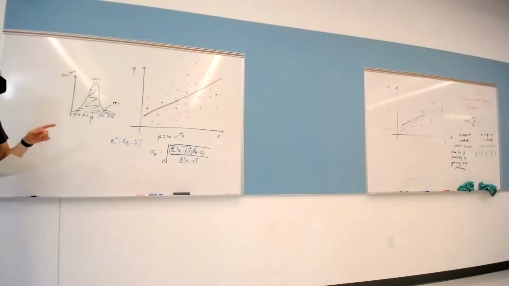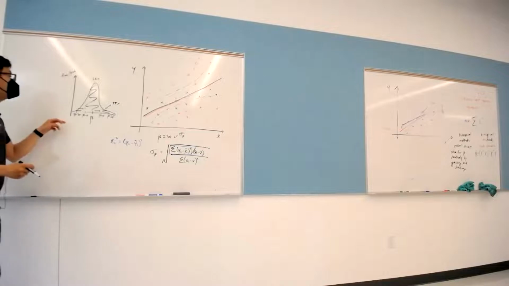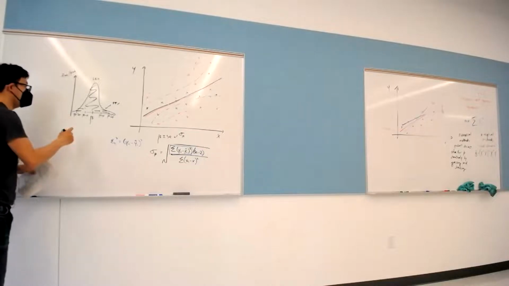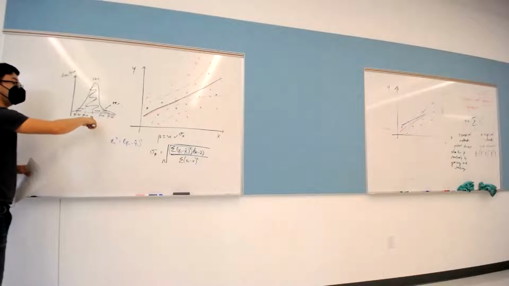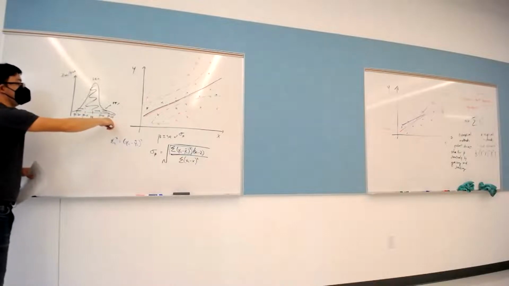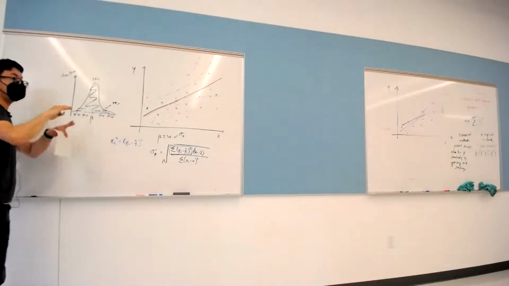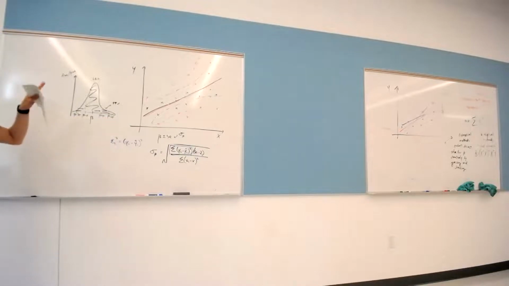Oh, sorry. So okay, this is beta here, beta plus sigma, beta plus 2 sigma. It's describing just like a normal distribution.